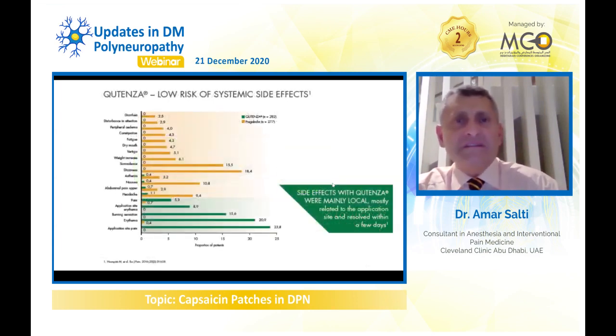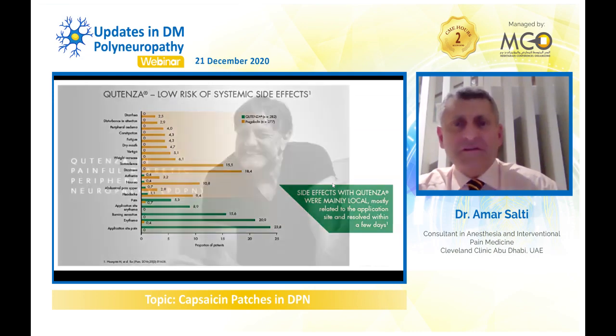There is a low risk of systemic side effects because there is no absorption or very minimal. Compared to oral medications for neuropathic pain, such as antineuralgics, where you have somnolence, dizziness, and weight increase, with capsaicin you have just a local effect with some irritation on the skin at application.